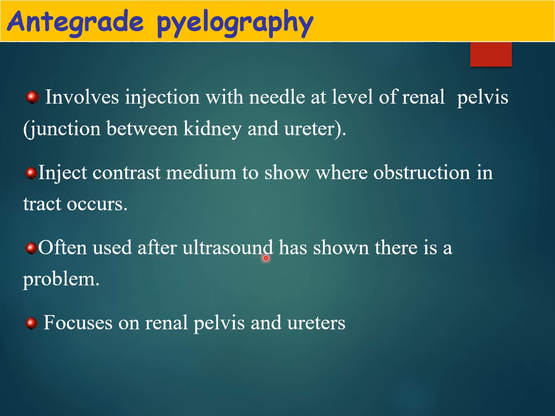It could be done by either ultrasound-guided or CT scan-guided. The ultrasound will tell you here is the renal pelvis, so you can puncture that and put your catheter in. Sometimes we are doing the pyelography only, or putting a pyelostomy, a tube in there. It could even be a treatment.